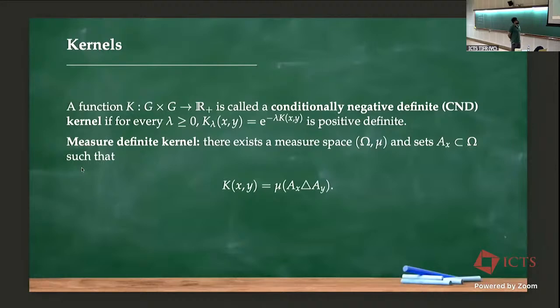You call a kernel measure definite if you can find some measure space, call it omega, with a measure mu, and a map from your space X to the Borel sets in omega, where X is mapped to A of X, such that the kernel can be represented as the measure of the symmetric difference of the two sets.